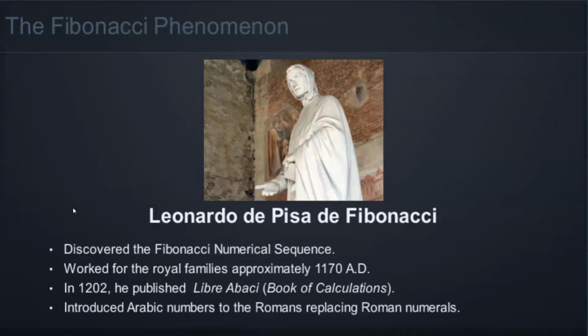In 1202, he published a book called the Liber Abaci, which in English means the Book of Calculations. This is the same guy that introduced the Hindu-Arabic numerals that replaced the Roman numerals. So he's a genius.